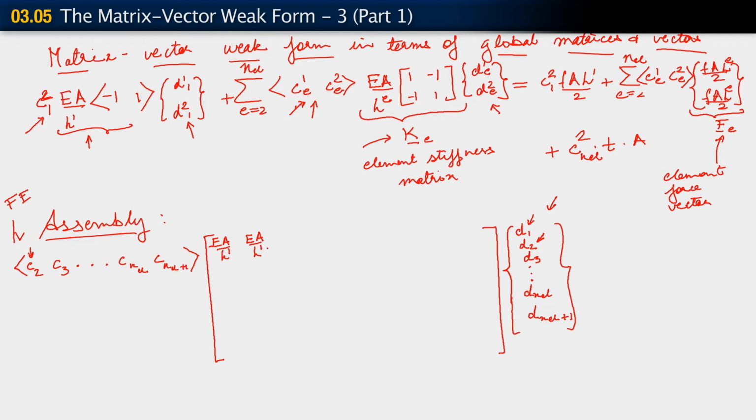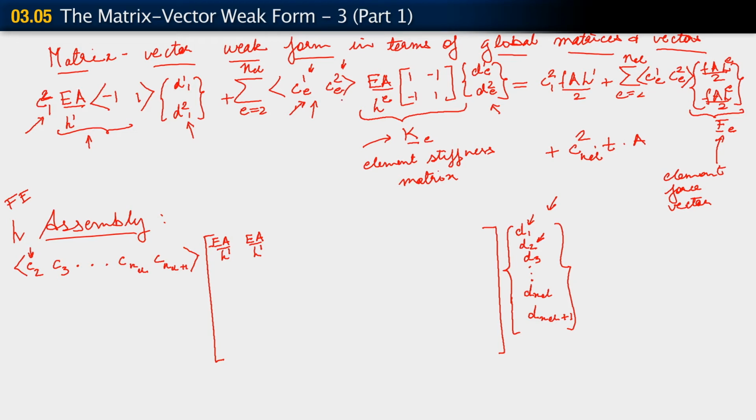Okay? So that's what we get from element 1. Let's go to element 2. Element 2 would have global degrees of freedom C2 and C3, which would come from C1 with E equals 1, and C1 with E equals 2 and C2 with E equals 2.